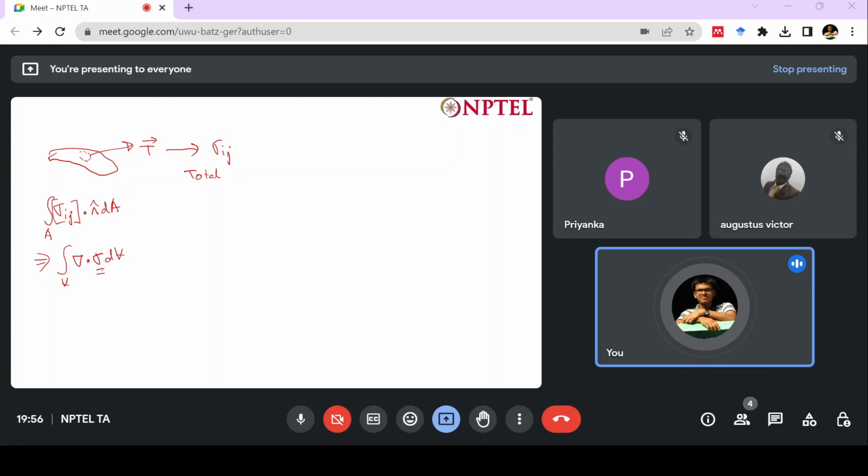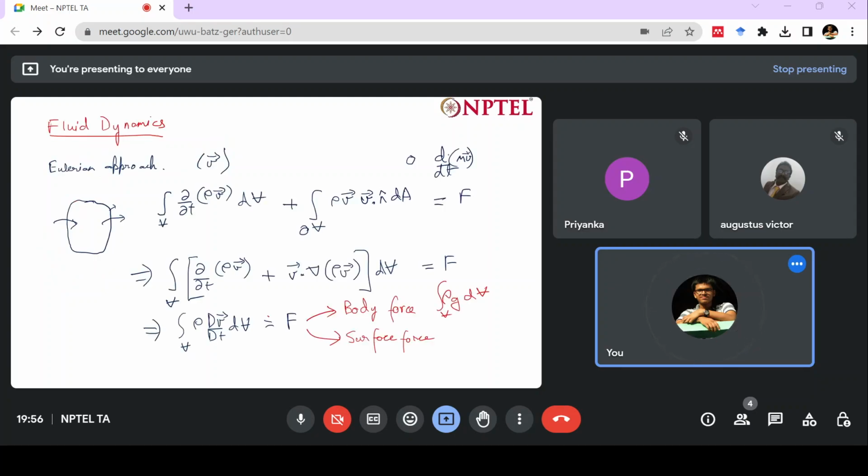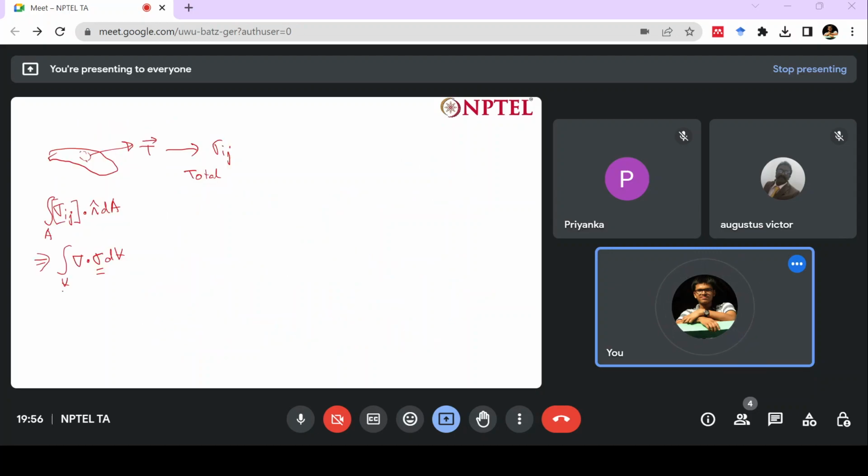So if I know my stress, then I can easily convert this whole equation and solve it. Since these are volume integrals, I will draw a slight tangent, and we can understand how converting into the volume integral helps.